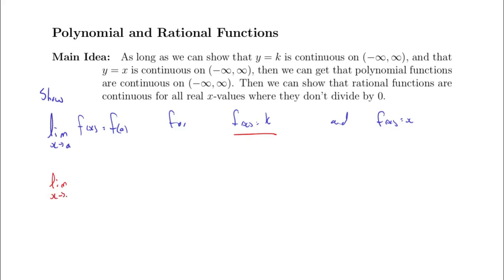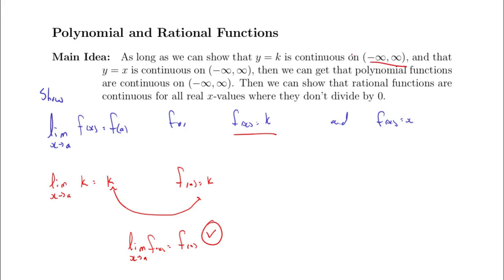This is the limit as x approaches a of k. That's a constant. We know that's k. And f of a is also k because it's constant. And look at that, they're equal to each other. So the limit as x approaches a of f of x is equal to f of a. Check. Continuous at a. And that's going to be true no matter what a is, right? For any real number a. So there we go, negative infinity to infinity.